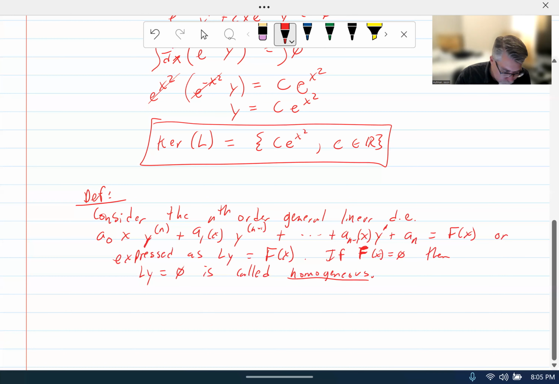And if f of x is not equal to 0, then Ly is called non-homogeneous.